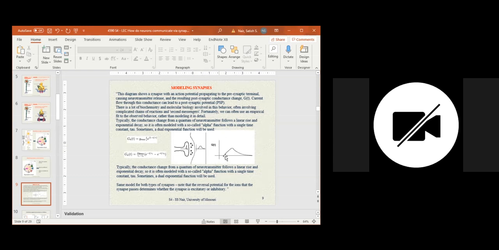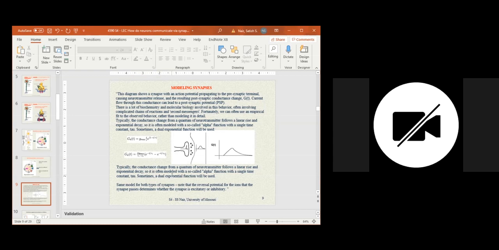Okay, it's like this, a rise. So another way of expressing G syn is an equation like this. But if you remember that it has to have a rise and a fall, you can then appreciate it has to have two time constants. One is a rise time constant and one is a fall. And that's what this representation shows.